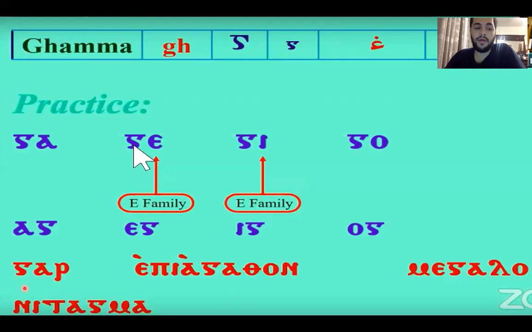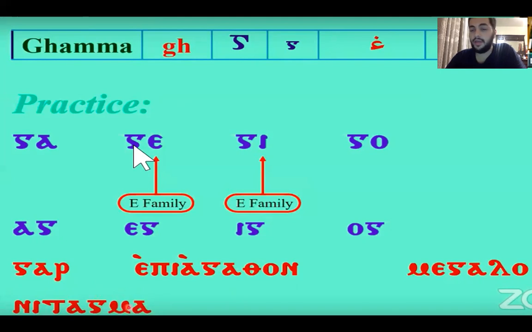So here you can call the letters. We have the letters Nu, Iota, Tau, Alpha, Gamma, Mu, Alpha. So it's going to be Ni-tag-ma. It's not Ni-tagma with a different G, because in order for it to be a soft G, you'd have to have an E family letter after it.